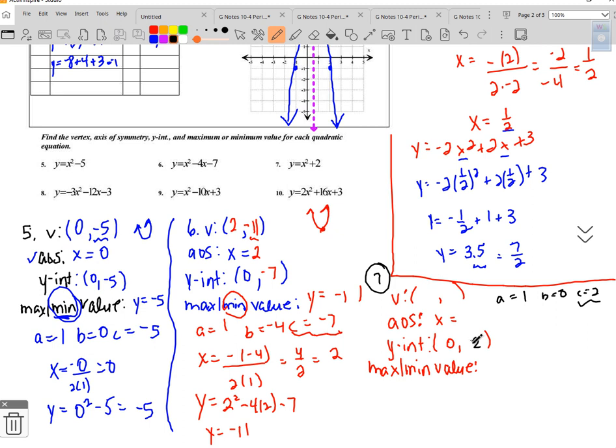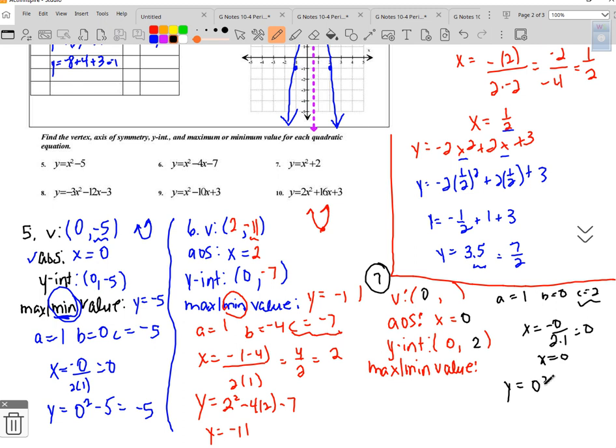Right, our axis of symmetry is going to be x equals the opposite of 0, so it's going to be 0 again, right? Because it's a 0 in the numerator. So x equals 0, and when we plug in here, our vertex and our y-intercept are the same again, and we'll prove it.